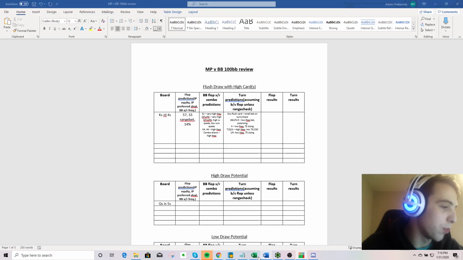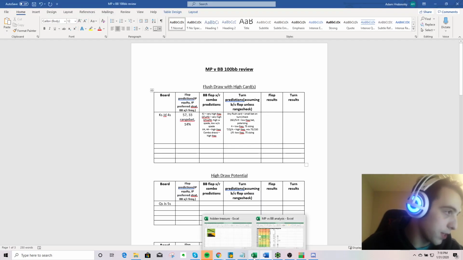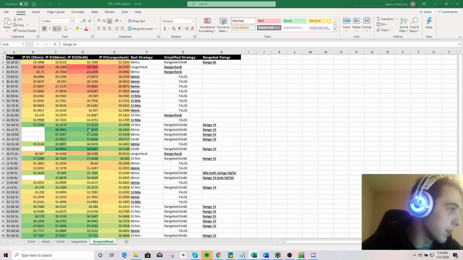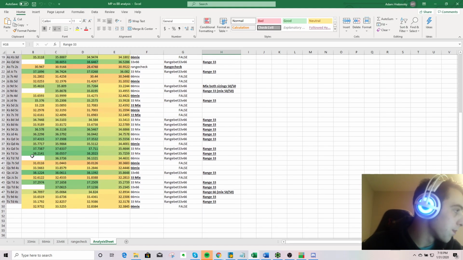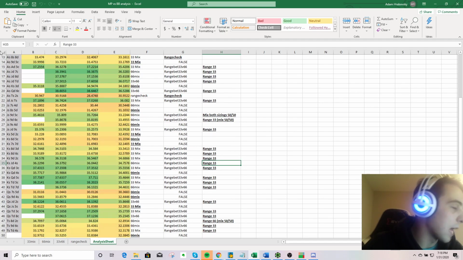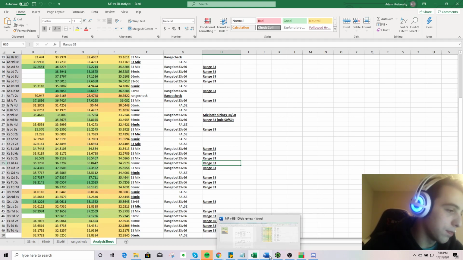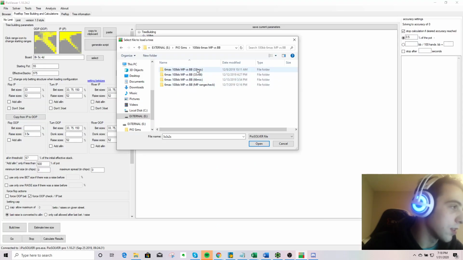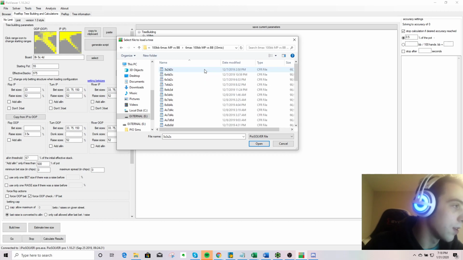So on this board, king of spades, jack of diamonds, 4 of spades, our preferred strategy is to just range bet 33%, which I feel like is going to be common on these higher boards. And so that's just relevant because I'm going to pick this 33 mix strategy now.